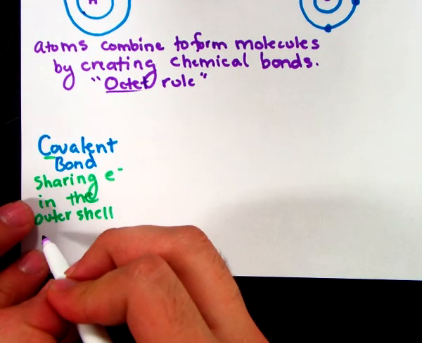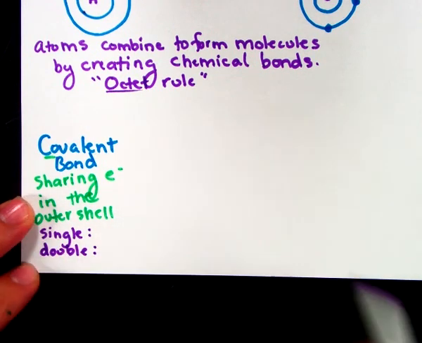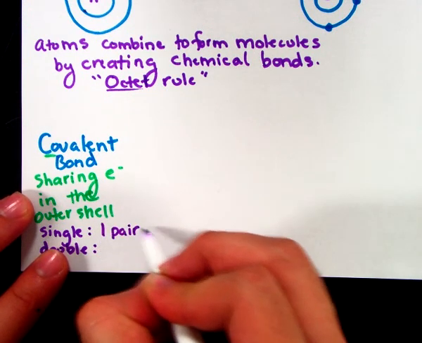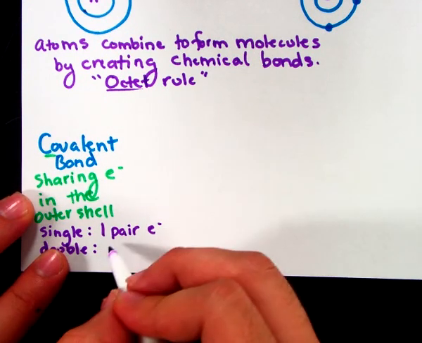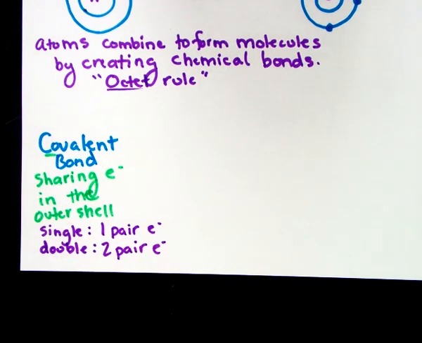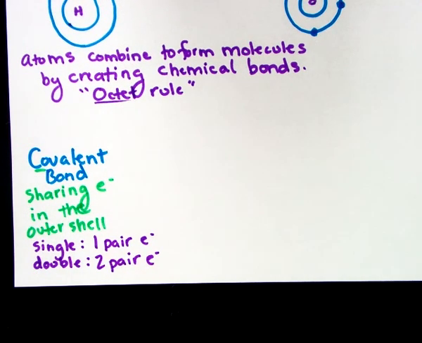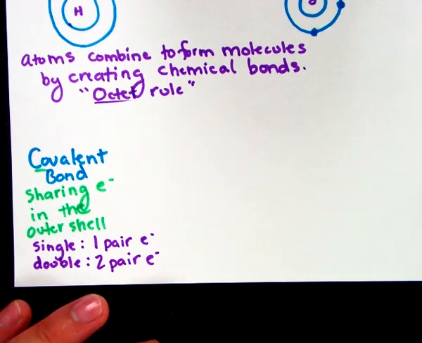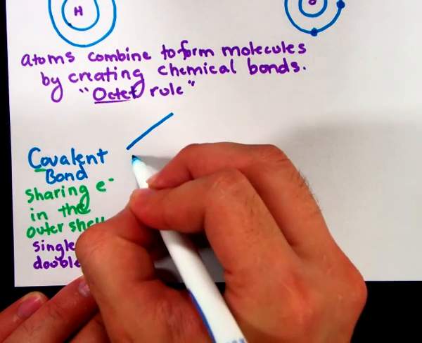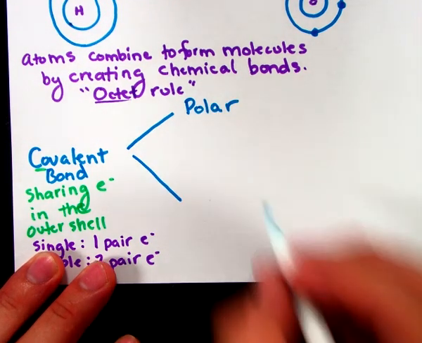And these can occur in single, double, and triple, although we'll mainly see just single and double. A single covalent bond is one pair of electrons, and a double is 2 pairs of electrons. These covalent bonds can either be polar or nonpolar.